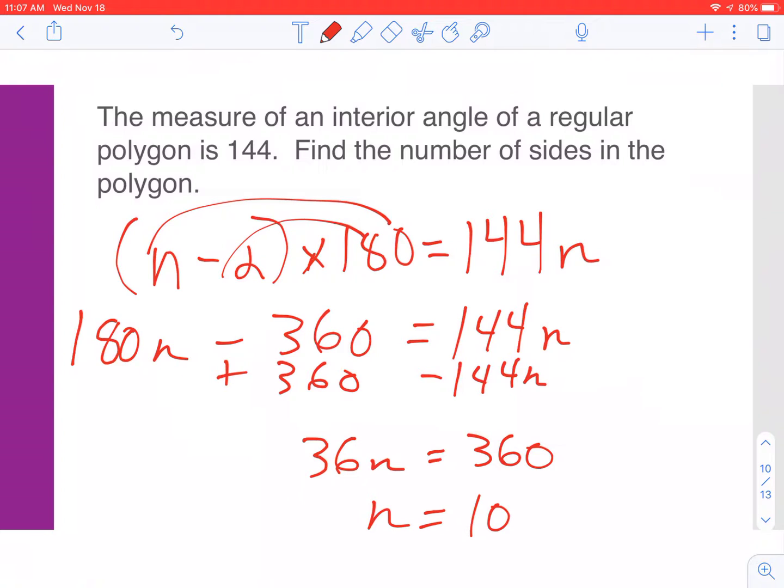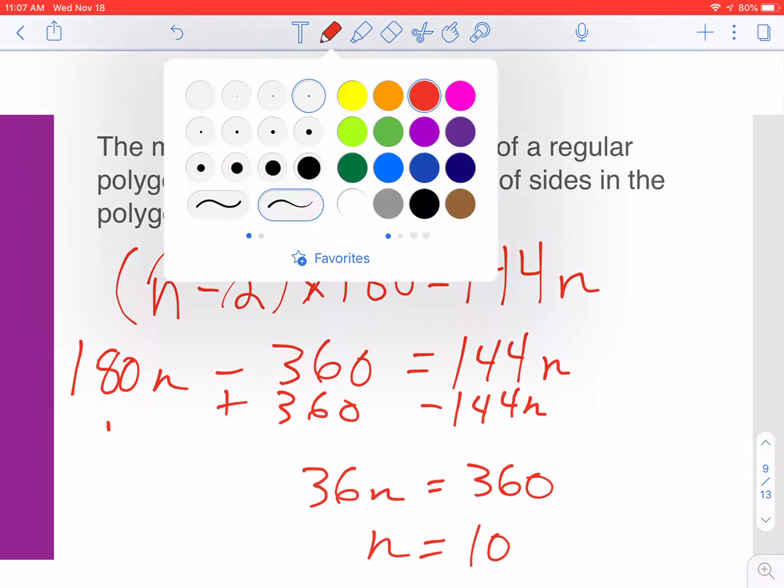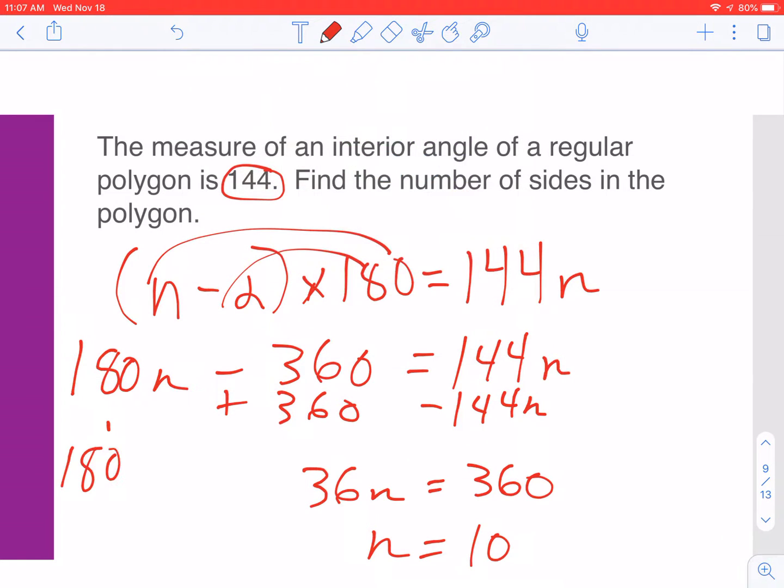Okay, so how can we simplify this formula? Okay, what we're going to do is whatever number we see here, we're going to do 180 minus that angle, and that will equal 360. Okay, so you'll always take 180 minus 144, and that will give you 36, n equals 360.